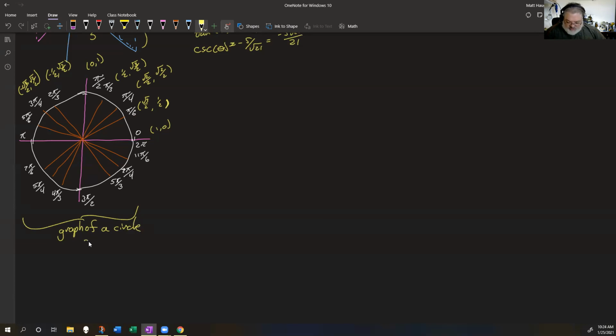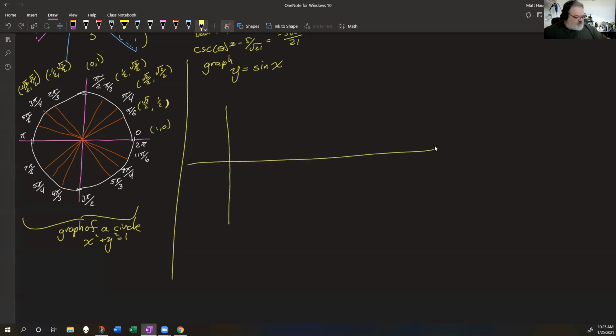The equation of that circle is x squared plus y squared equals 1. Radius 1 circle. It is not the graph of the sine function or the cosine function or the tangent function. If we want to look at a graph of y equals the sine of x, you could use any variable you want there. We're just used to graphing things on an xy coordinate system.